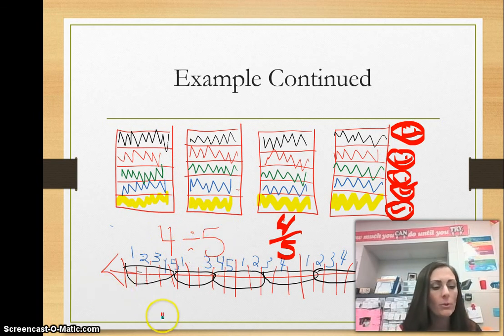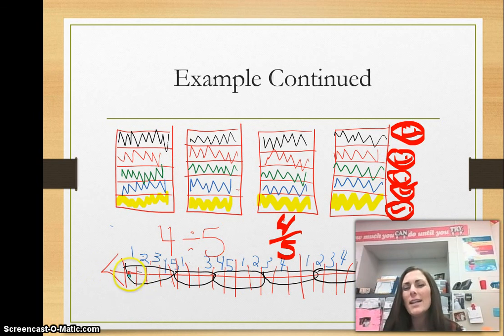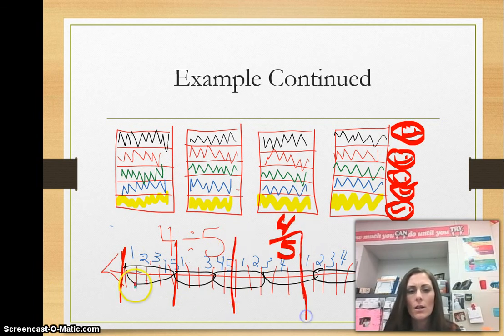Now, down below here, you see a number line. That's another way to draw a model. I'm more of this type of a model, but you can also do a number line. So your number line is divided into, as you can see, 4 sections. 1, 2, 3, 4. And in each section, there's 5 divisions. And so when you show a number line, you circle only 4 of those.